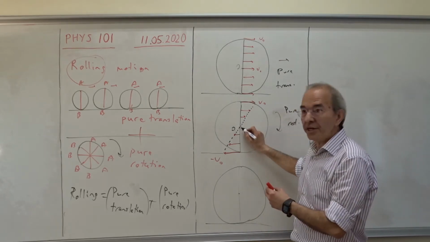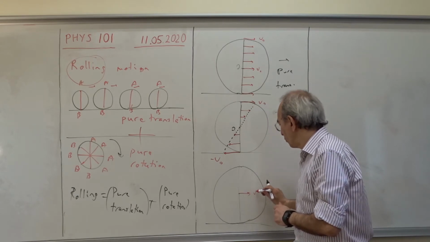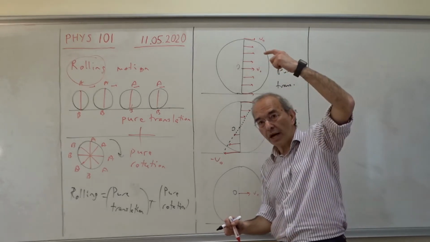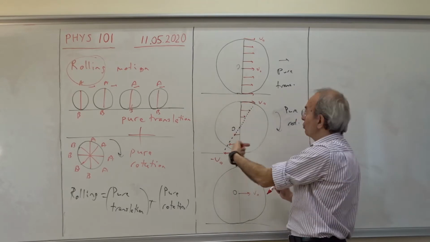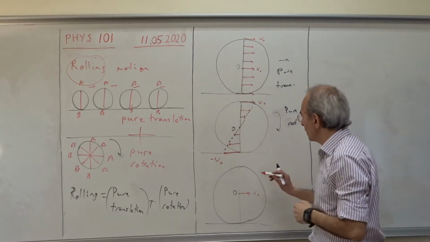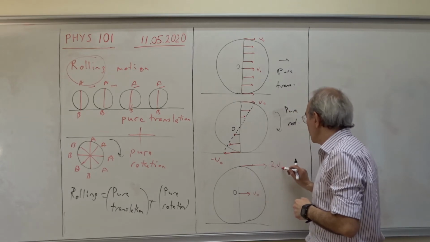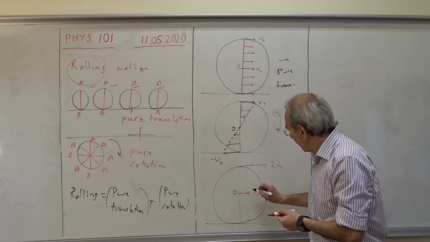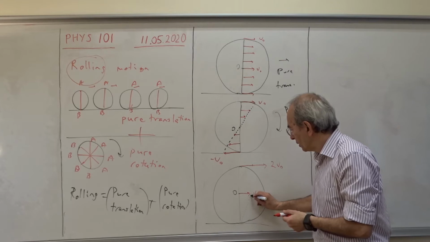There is nothing here but a V0 there, so there's only one V0 for the center. What about the highest point, uppermost? In this case, we have one V0 to the right because of rotation, one V0 because of translation. So we have two V0 for the uppermost position. And then we have another sort of triangle.